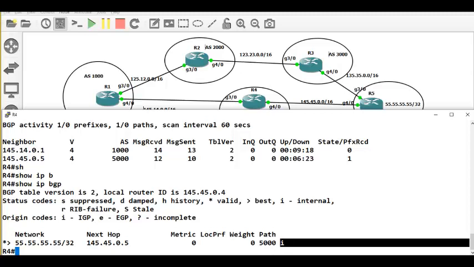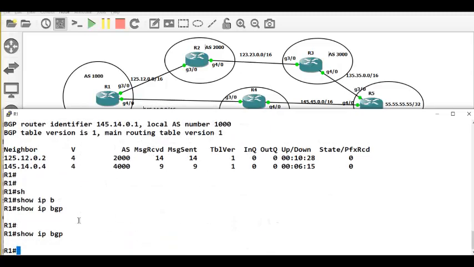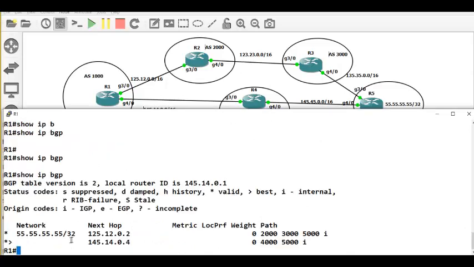Now let's move on to router 1. Earlier when I typed show IP BGP nothing, but now I got 55 network coming, advertised by two neighbors. One is router 2, another one is router 4.